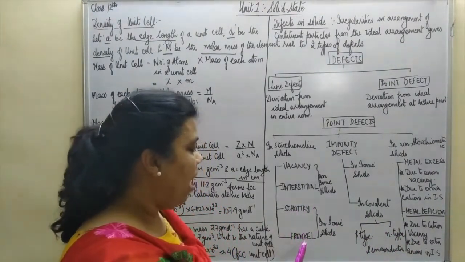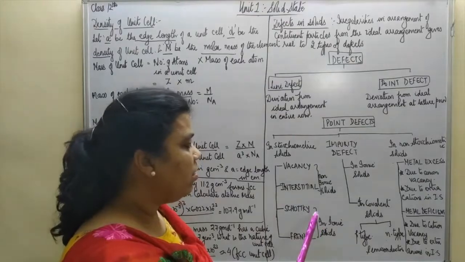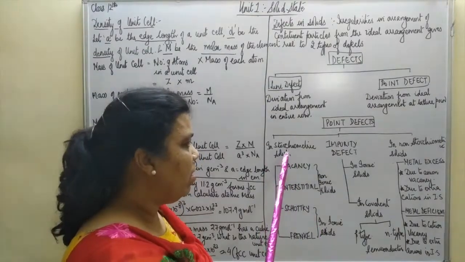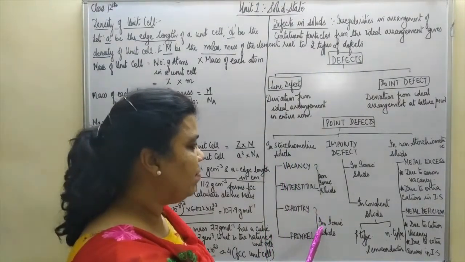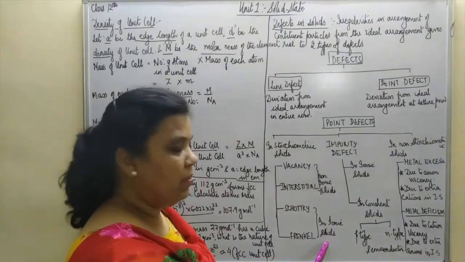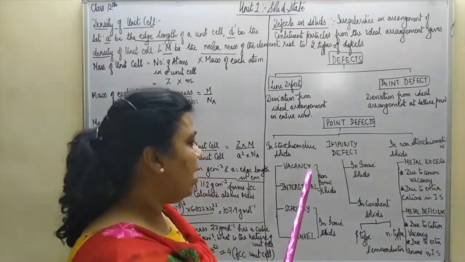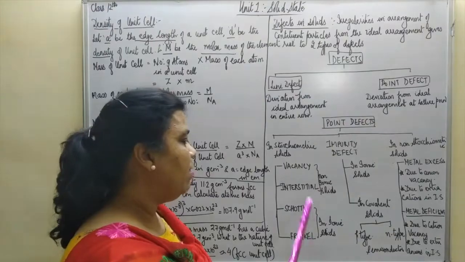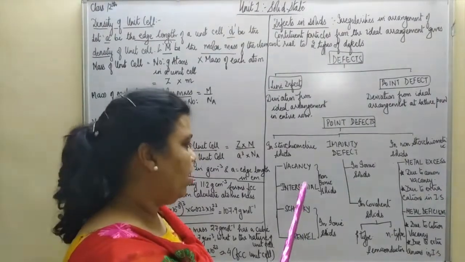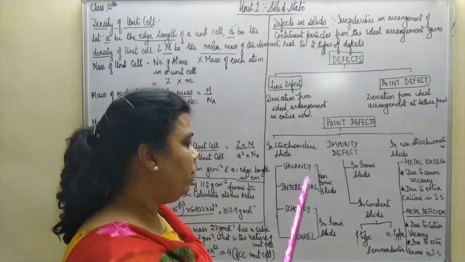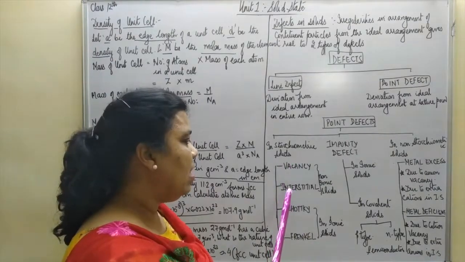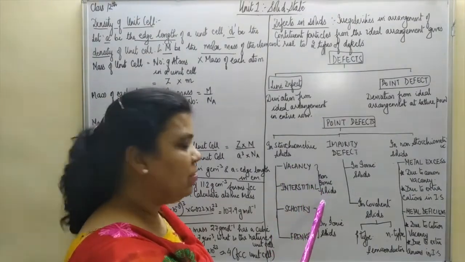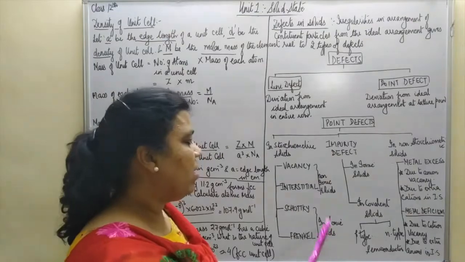Whereas Schottky and Frenkel are the defects in stoichiometric solids which are exhibited by ionic solids. Schottky is a type of vacancy defect, Frenkel is a type of interstitial defect. So out of these four, vacancy and interstitial are shown by non-ionic solids, and Schottky and Frenkel are shown by ionic solids.